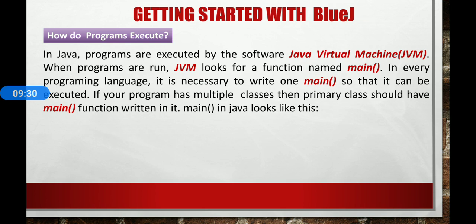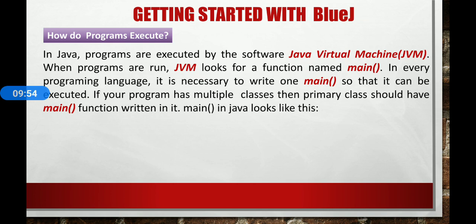When programs are run, JVM looks for a function named main. In every programming language, it is necessary to write one main function so that it can be executed. If your program has multiple classes, then the primary class should have the main function written in it.